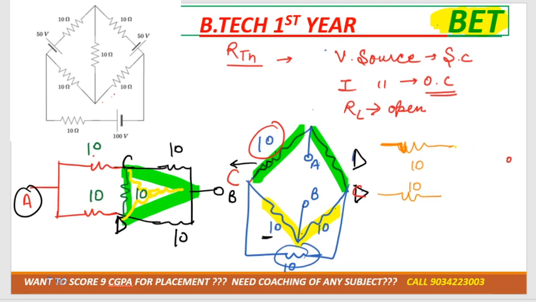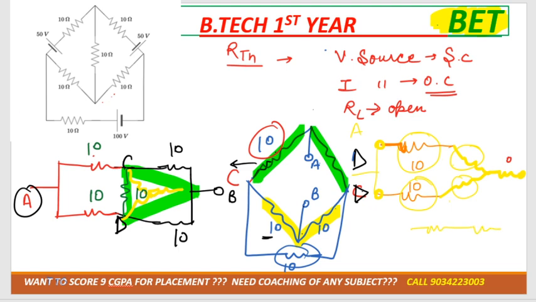Now I convert this delta into the star, right. So as you can see, this one and this one are in series, this one and this one, they are in series, right. And after that, they both are in parallel with series.